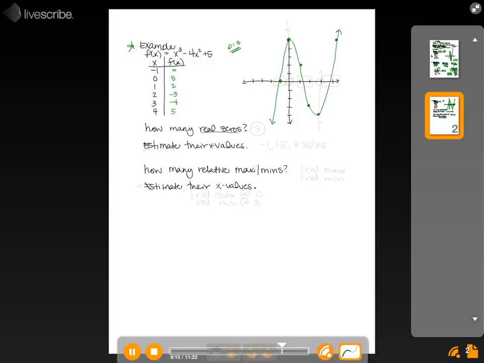The first question asks how many real zeros there are. Remember, real zeros are how many times it crosses the x-axis. Well, it looks like there are 3 in this case. Second thing is that we need to estimate their values. So we want to see where they actually cross. Well, here's 1, and it crosses at -1. Here's another. It's somewhere in between 1 and 2, so let's say 1.5.